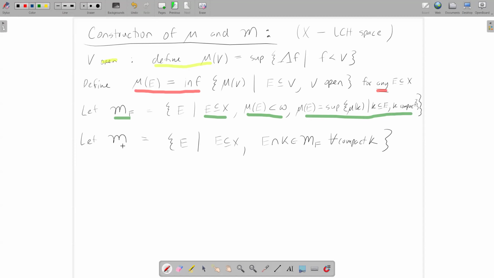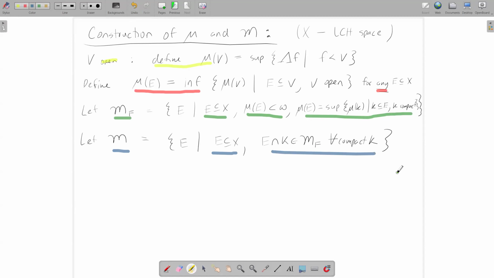Oops, it's not what I wanted to do. Let's try that again. Here we go. So these conditions are what allow us to actually be in the sigma algebra.